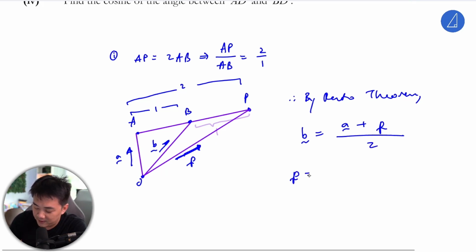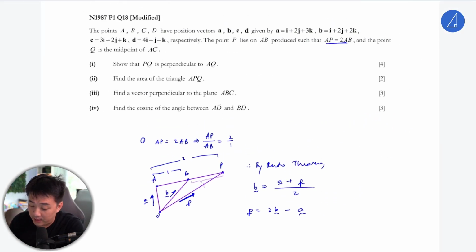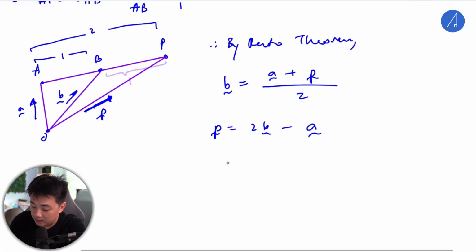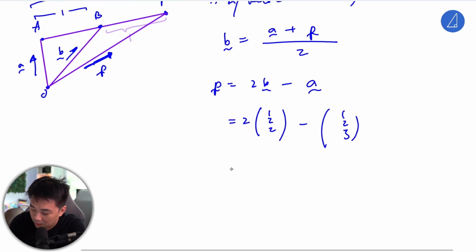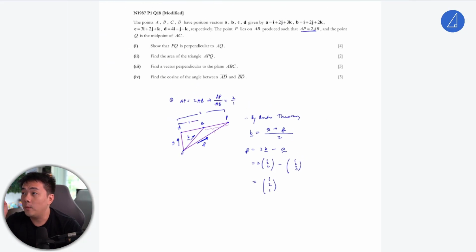So P will just be 2B minus A. B was given by 1, 2, 2, minus A, which is 1, 2, 3. That will be 2, 2, 4 minus 3 is 1, so this is my OP: 1, 2, 1.